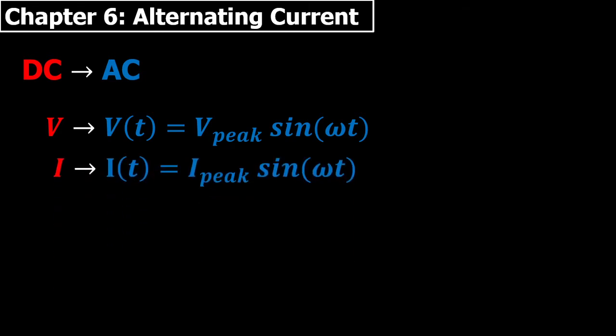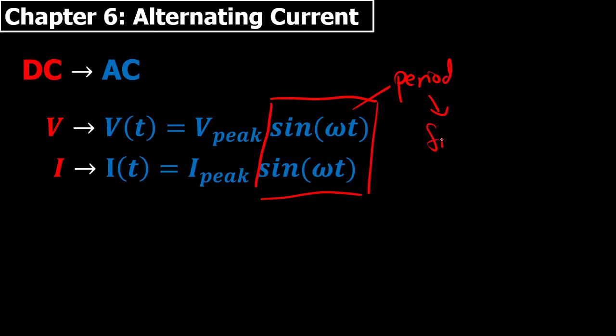And this function of time is a sine function, because it shows periodicity. If it has a period, it has frequency. How frequently does it move up and down?